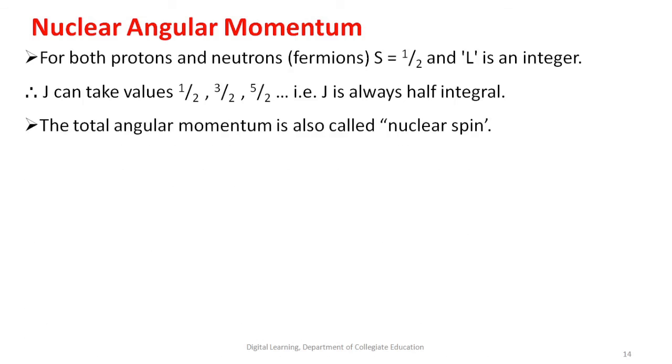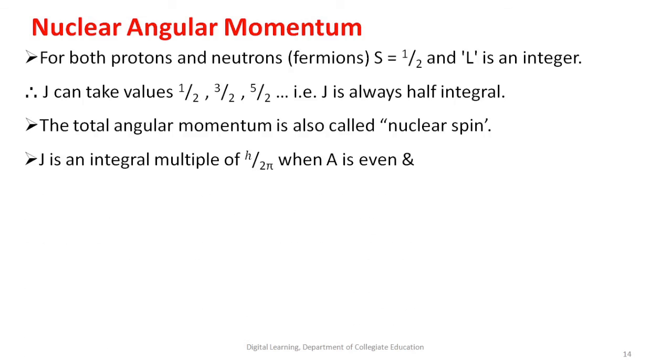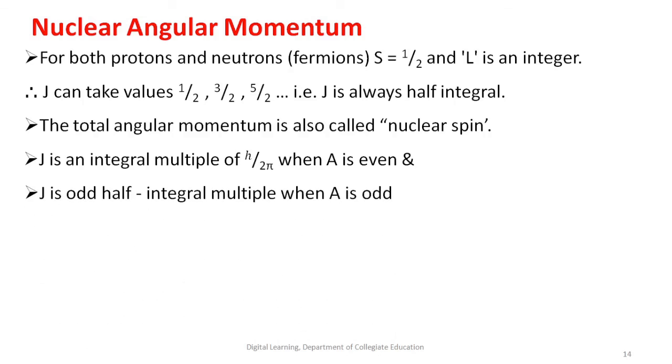Total angular momentum is also called nuclear spin. J is an integral multiple of h by 2 pi when A is even, and an odd half integral multiple when A is odd number.